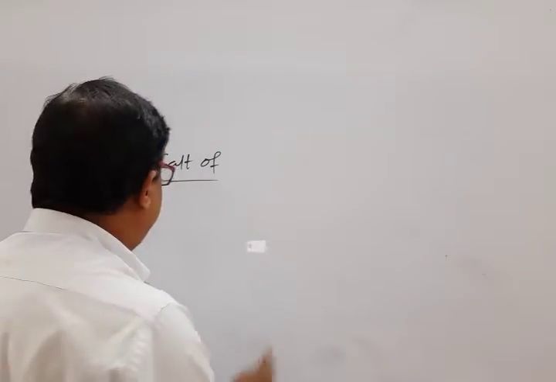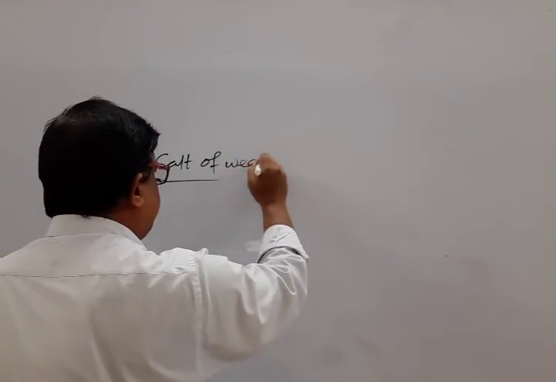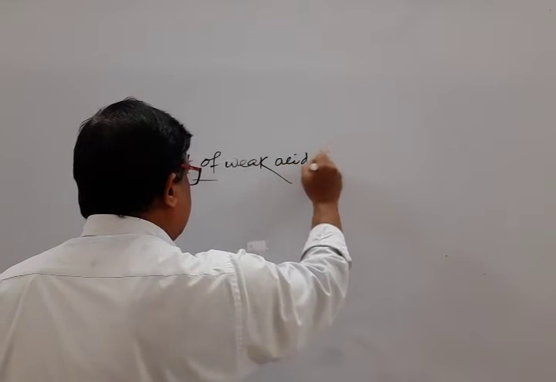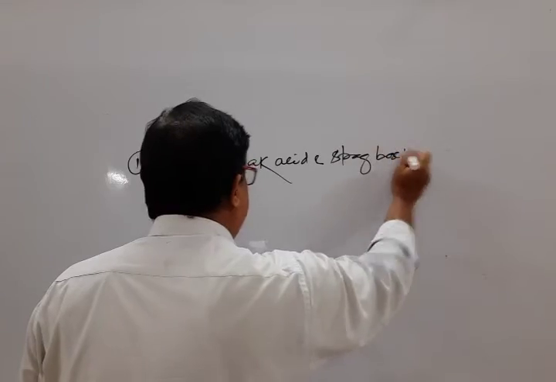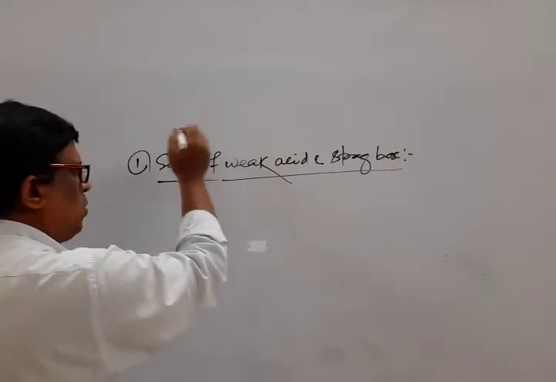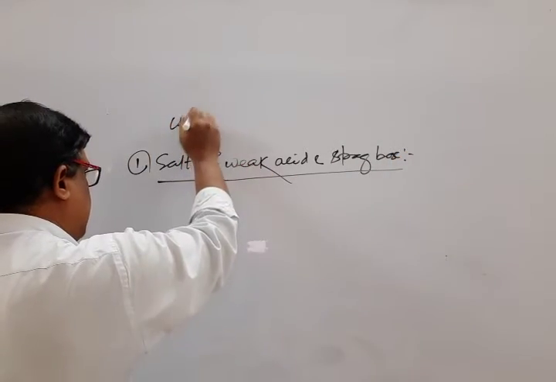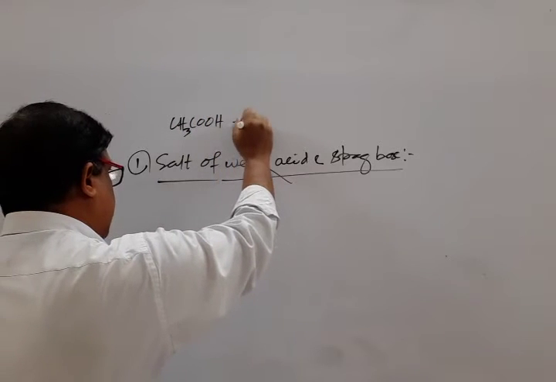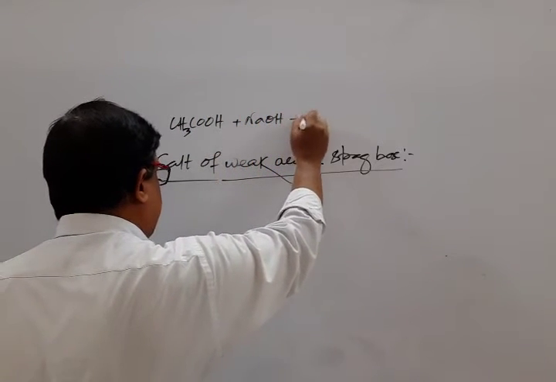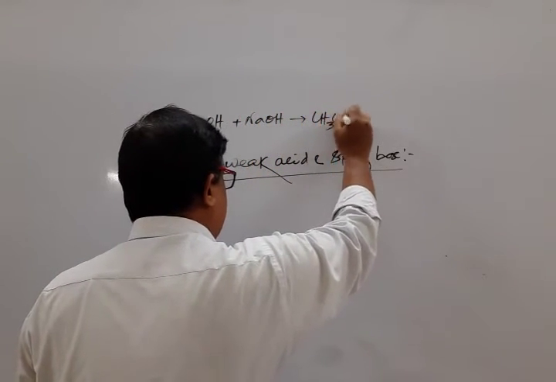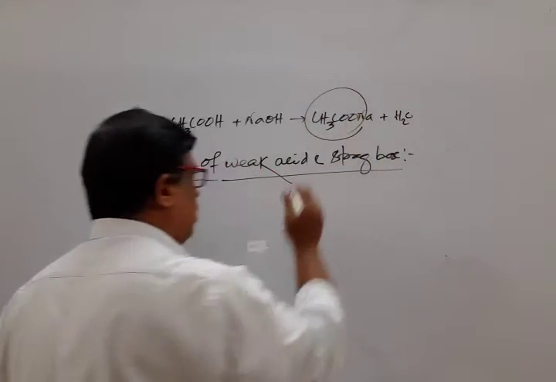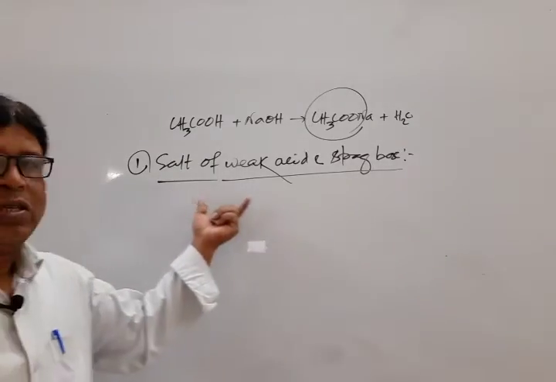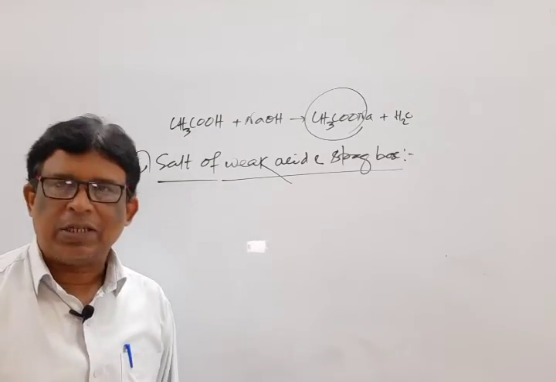Mark that, some examples: weak acid and strong base. So many examples are there. Let us select only one: weak acid, that is acetic acid, and strong base, sodium hydroxide, resulting in the formation of sodium acetate plus water. So this salt comes under salt of weak acid and strong base.